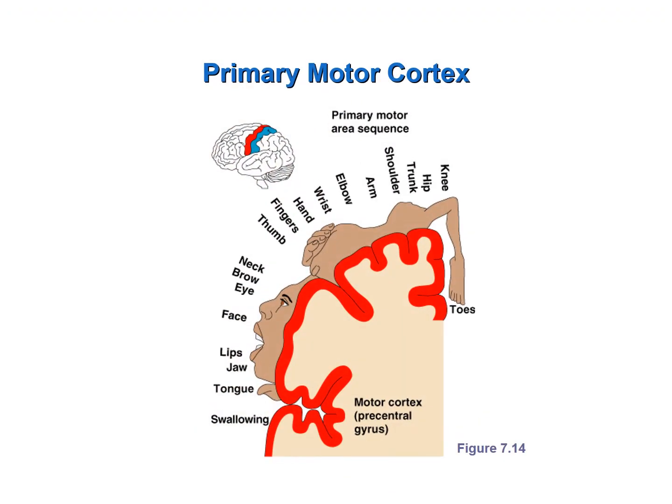This figure shows the primary motor cortex for one side of the brain. Notice two things. Number one, specific parts of the primary motor cortex send motor output to specific parts of the body.